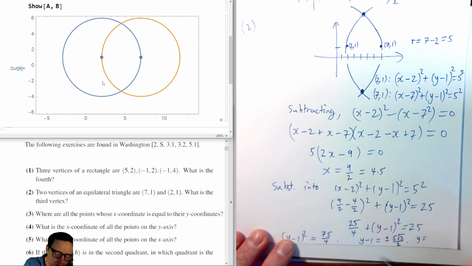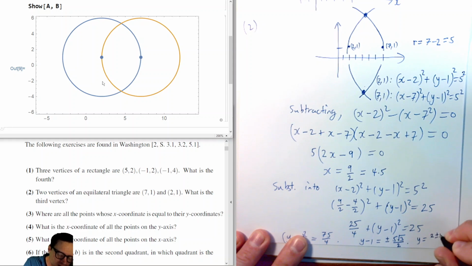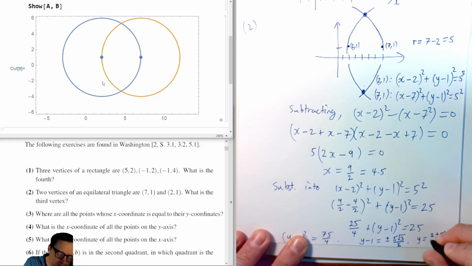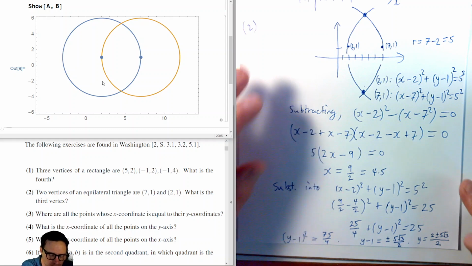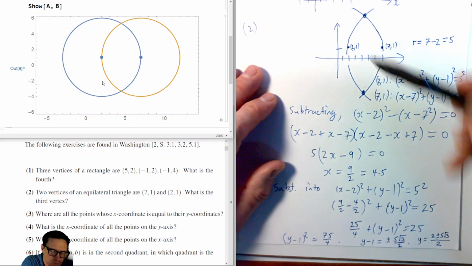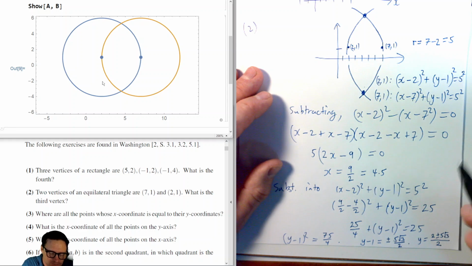but let's put this over 2, so we'll call this (2 plus or minus 5 root 3) all over 2. Okay, and so going back to the diagram, the one with the higher y coordinate is the one with the plus in it.